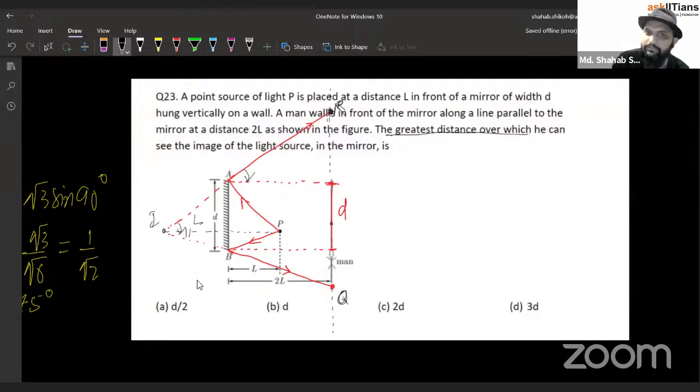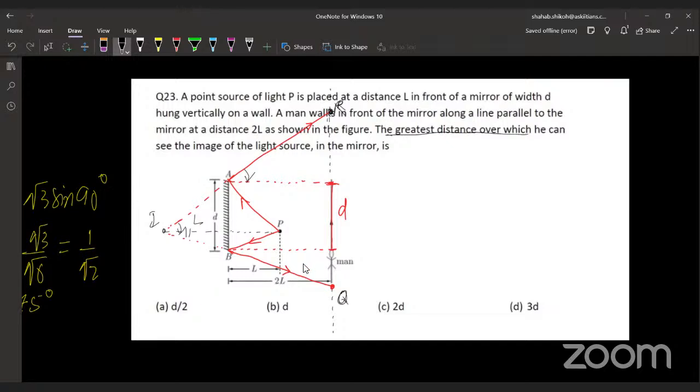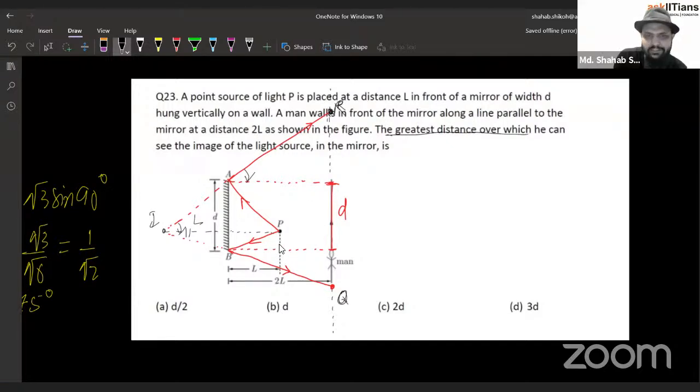Is it the same? Yes or no? Yes. So you apply a little bit of geometry. Now, one more thing: triangle similarity. If you compare this triangle with this triangle, you can easily prove that this distance is actually equal to how much?